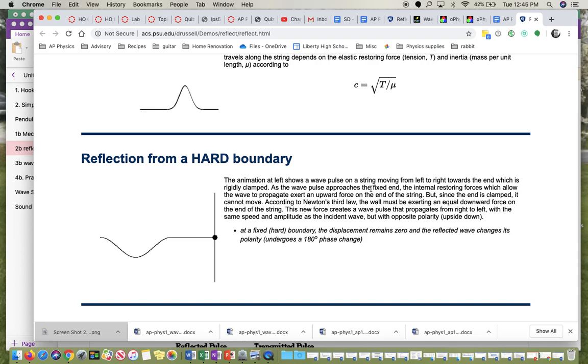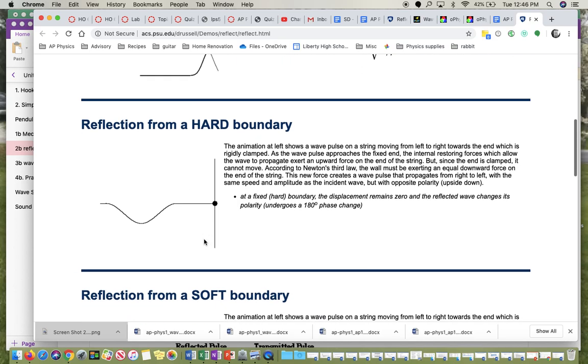Since it's fixed into place, there's going to be a complete 180-degree phase shift on the reflection. As you can see in this illustration here, the wave has a positive amplitude that is incident upon the wall, and then when it reflects, the wave flips over 180 degrees out of phase with the incoming wave. This does cause some interference here, and we will talk about that in a little while.